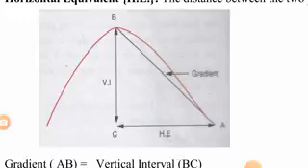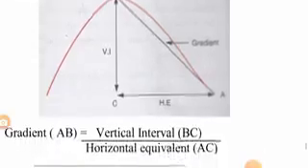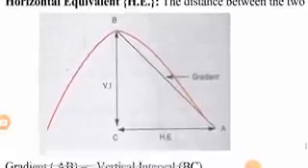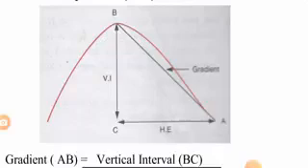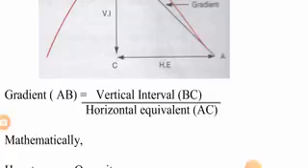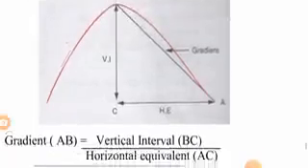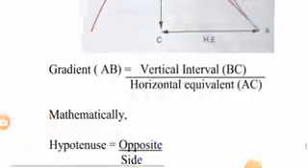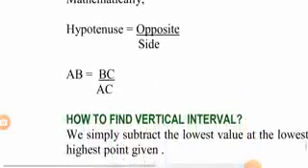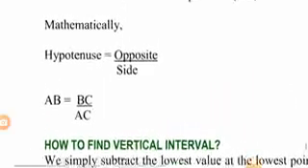For example, for a hill like that, the steepness is indicated by an arrow. When we want to measure gradient, we take the vertical interval BC over the horizontal interval AC. So we measure BC divided by AC. That's how we measure gradient: vertical interval over horizontal equivalent.